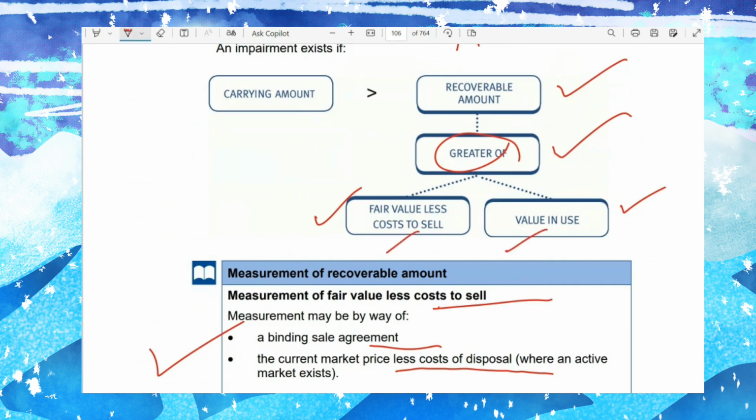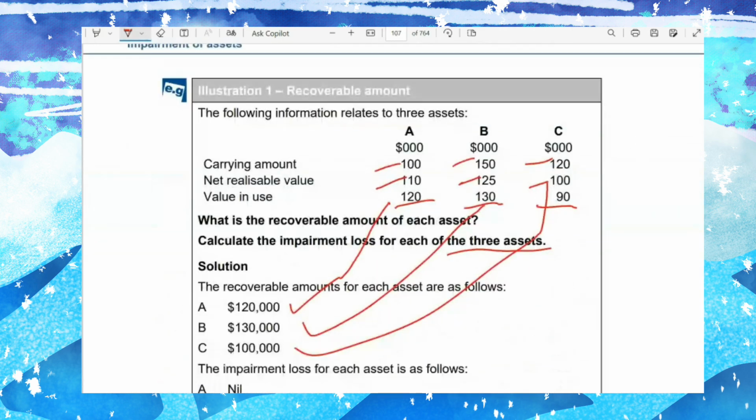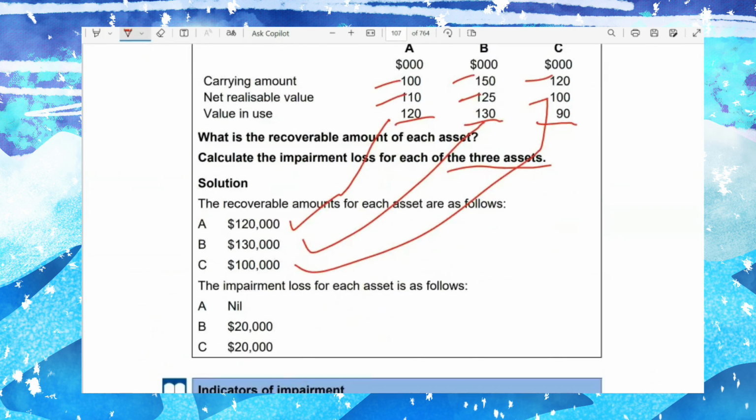Now, the impairment loss will arise from the following calculation. For project A, the net realizable value of 120 is greater than the carrying amount, so there is no impairment indication here.